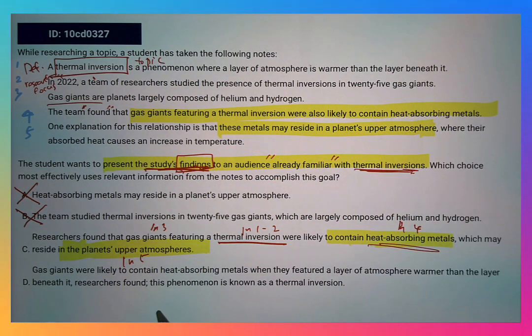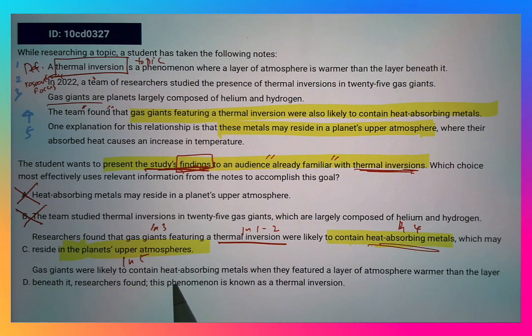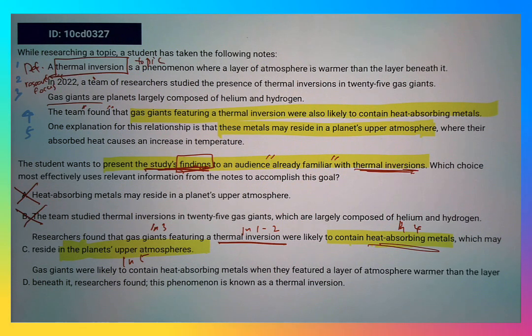Just in case D is better, let's read the last choice. Gas giants were likely to contain heat-absorbing metals when they featured a layer of atmosphere warmer than the layer beneath it, thus researchers found. And this phenomenon is known as a thermal inversion.